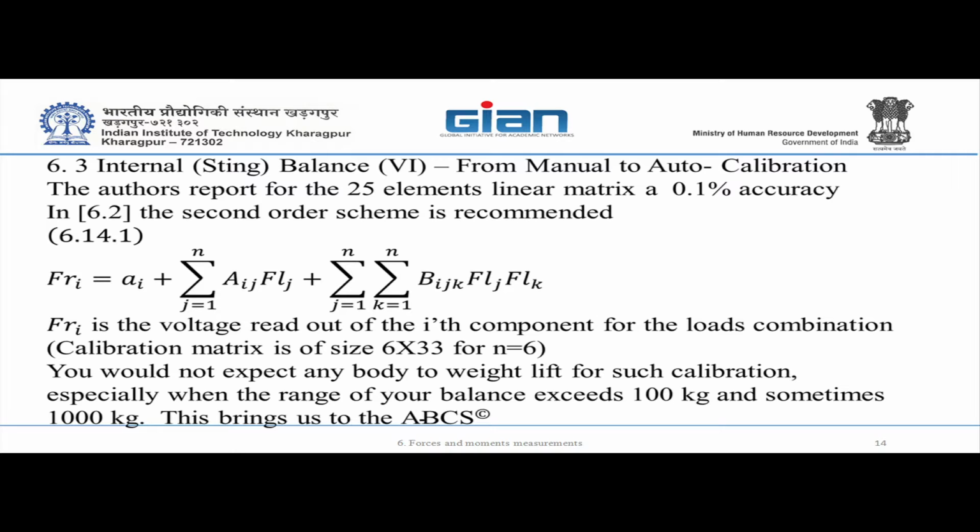You are measuring one channel and you're applying force to all other channels, also the same channel, but you express the result by combination. Once you take linear, and then the second term is multiplication of two elements. So this way you get a matrix of 6 by 33. And again, you solve it by least square.